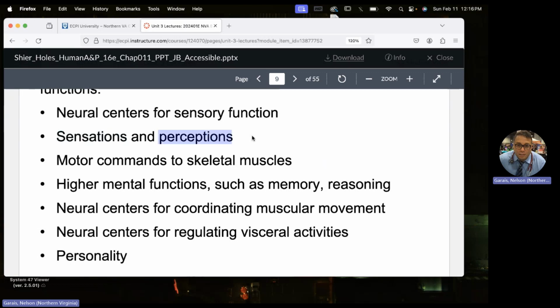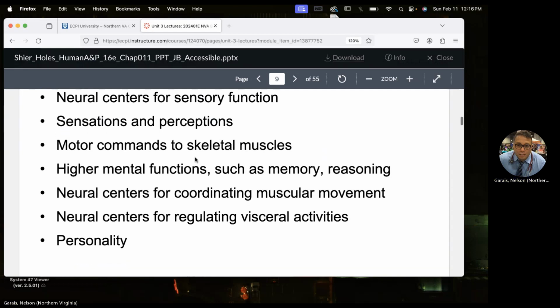But the perception is, oh my God, that's annoying, or that's painful, or I didn't even feel that at all. Perception is your brain's take on it. Like, for example, if all of us saw the color red, everyone sees the color red, right? But the perception, maybe you're like a bull and you see red and you want to charge. Or if you see red, like me, you think McDonald's and you're hungry.